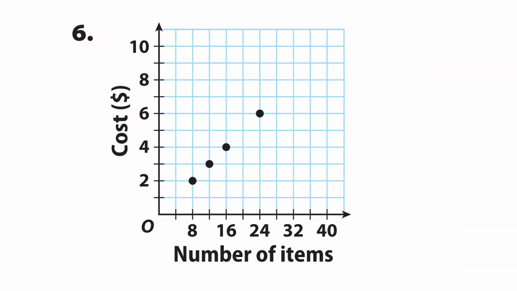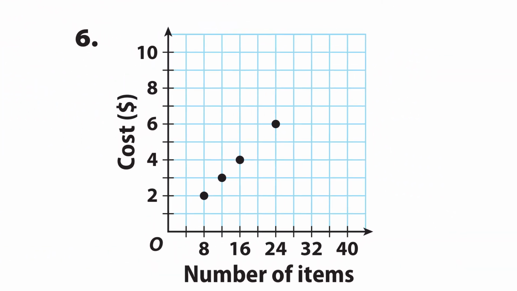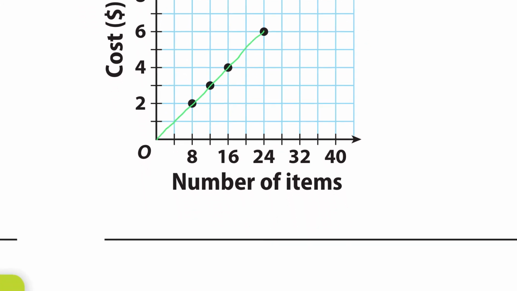Number 6. All right, once again, we've got to find out where the dots cross. It crosses here, here, here, and here, and through the origin. So let's take the y value over the x value again. So k is equal to the y value over the x value.